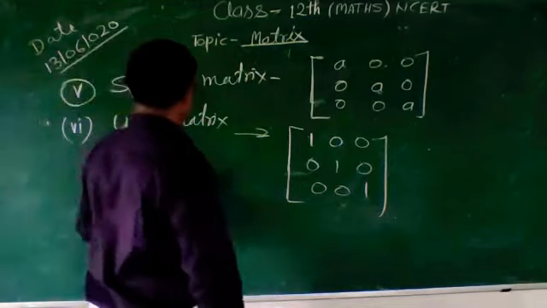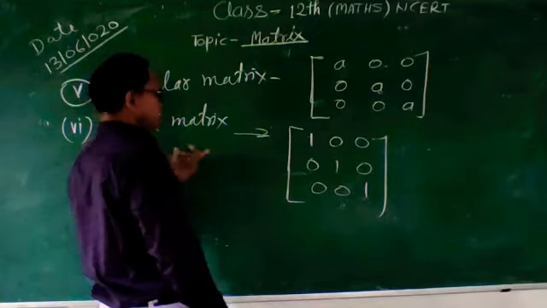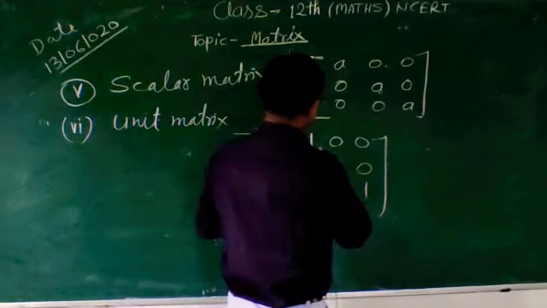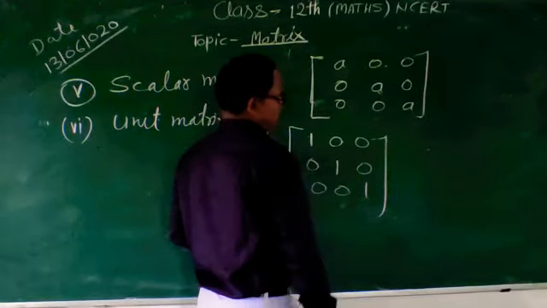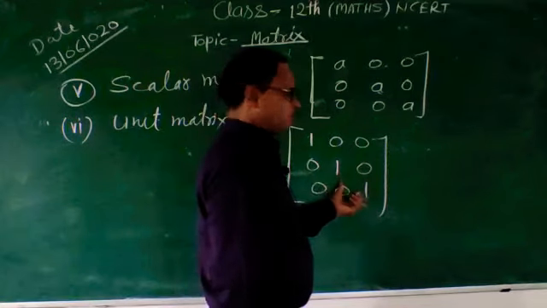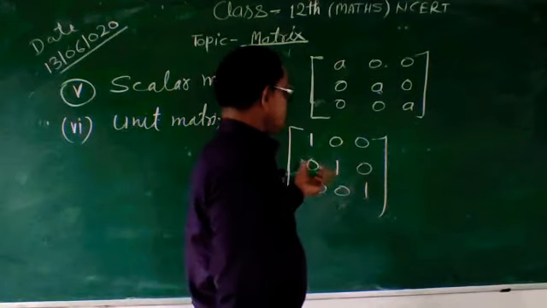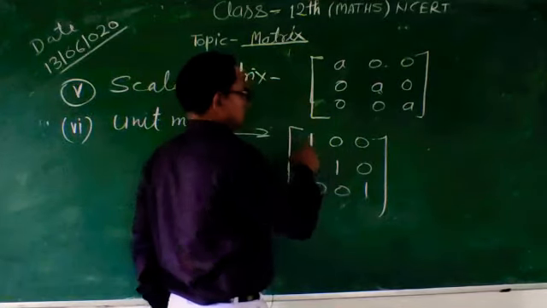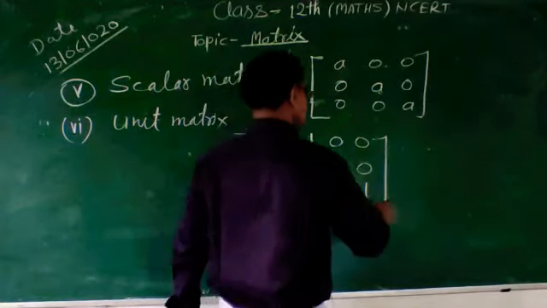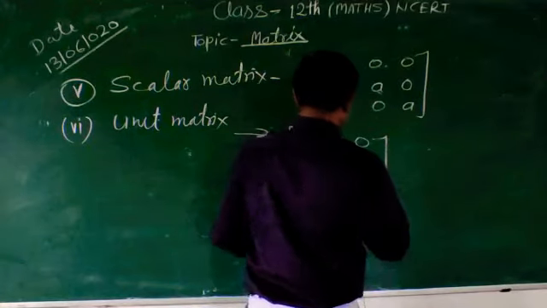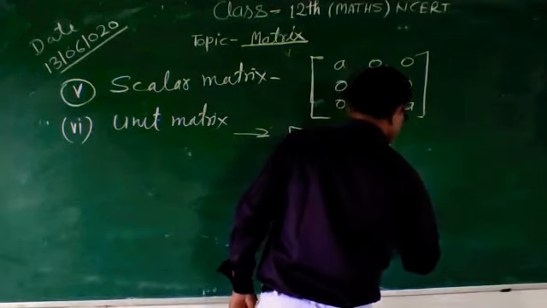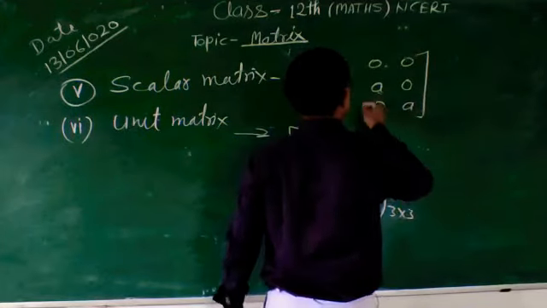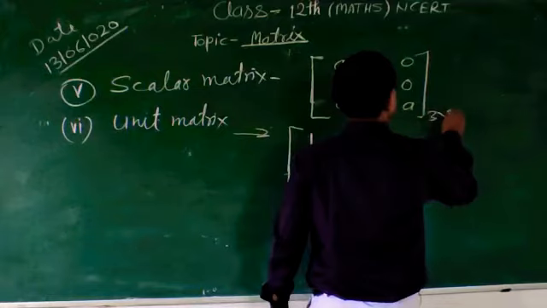That matrix is known as a unit matrix. If they are 2 2 2, it will not be a unit matrix. For a unit matrix, the diagonal elements are always 1 1 1. This matrix is 3 into 3, 3 rows and 3 columns.